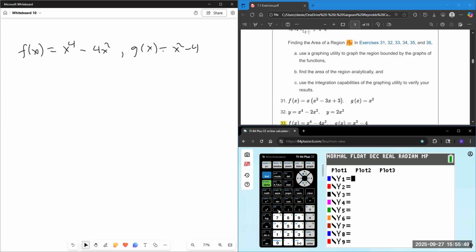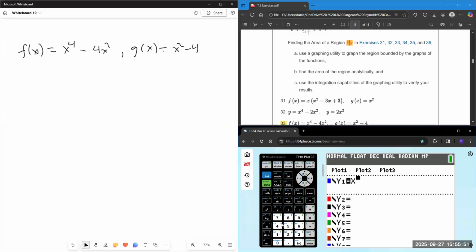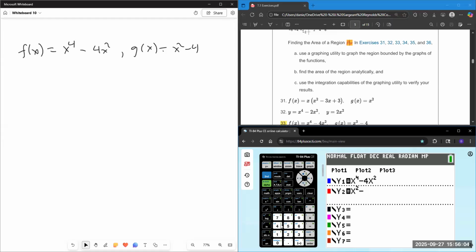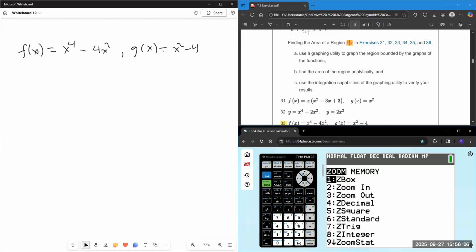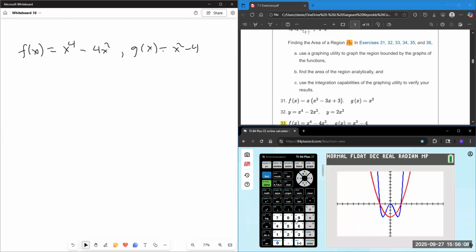So this is x to the fourth minus 4x squared. And this is x squared minus 4, zoom 6.